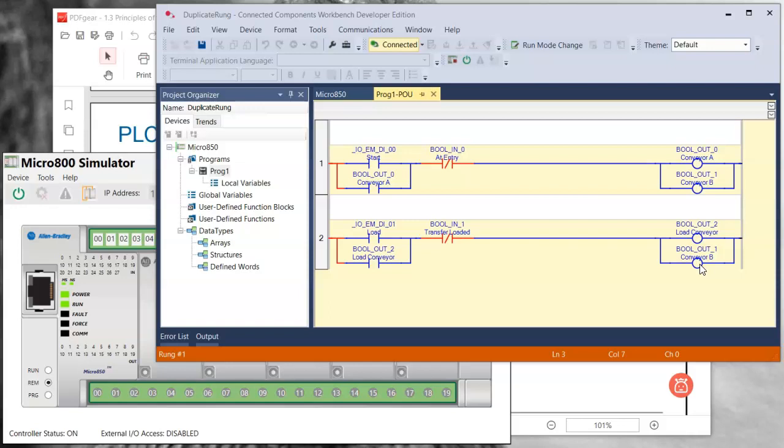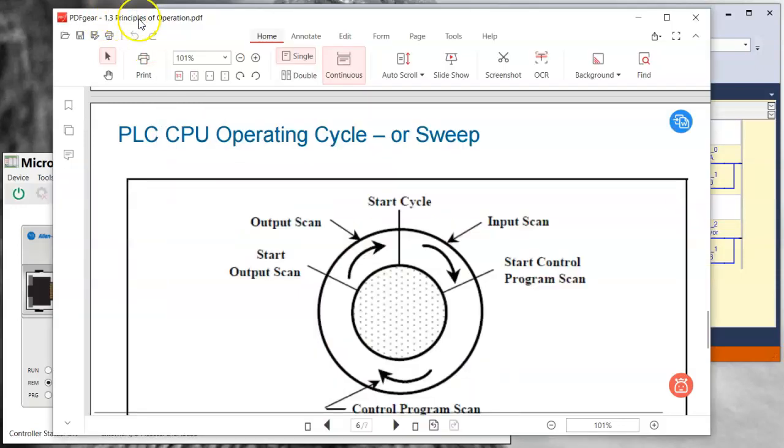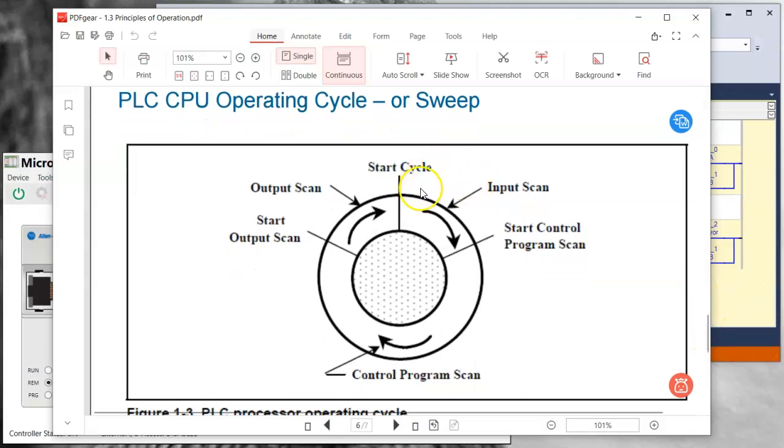So let's talk a little bit about why this is a problem, which some of you saw last night. First, it goes back to some basics, and that is the idea of the sweep. We talked about this a few weeks ago: how does the PLC actually operate? It operates on a sweep.